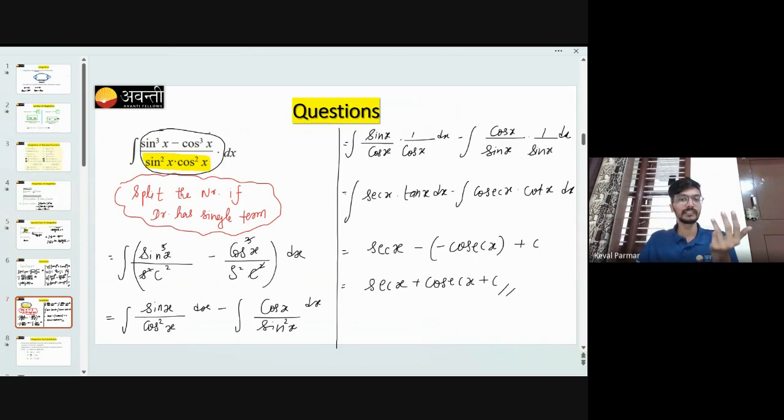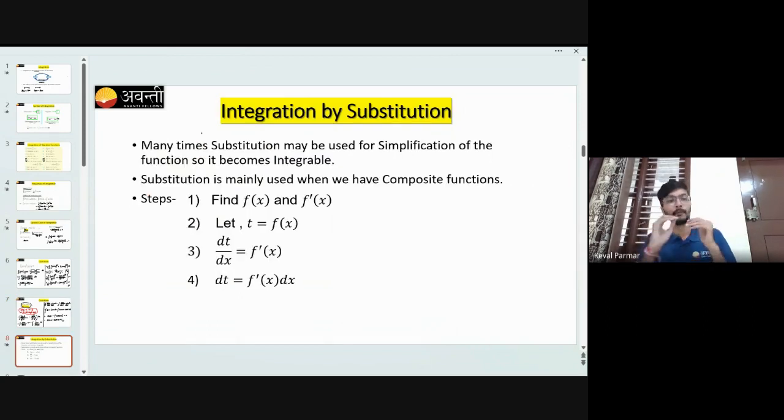So when such cases arise, many times we use substitution. What does substitution do? Substitution basically helps us to simplify the function into integrable form. So once the function is converted into integrable form, we can easily integrate the function. So for that we use substitution.